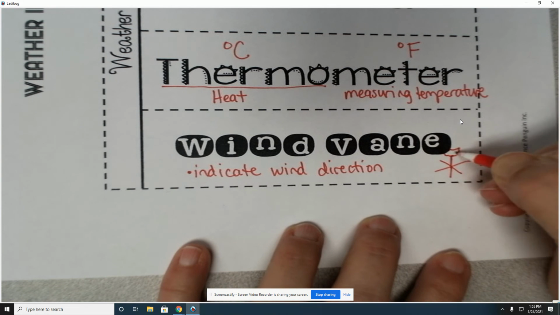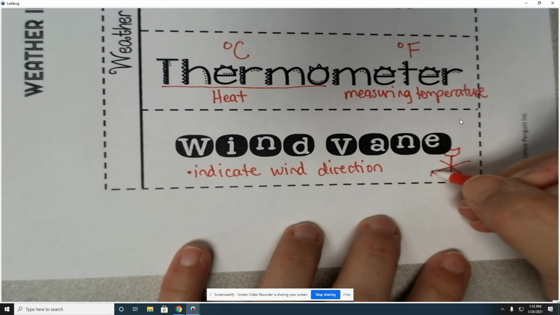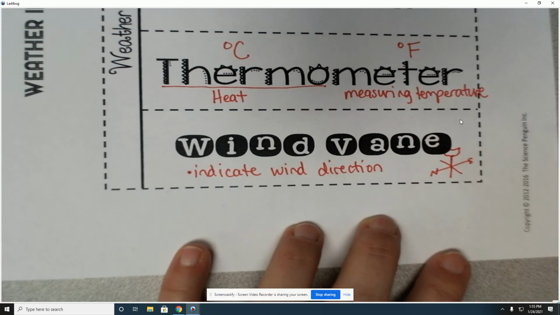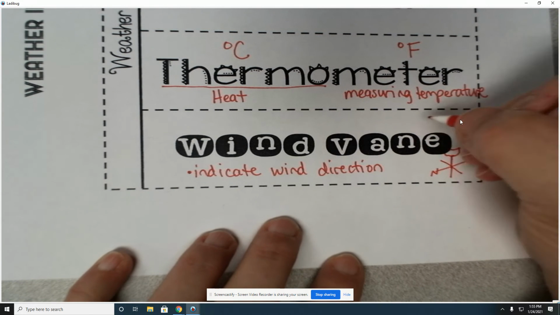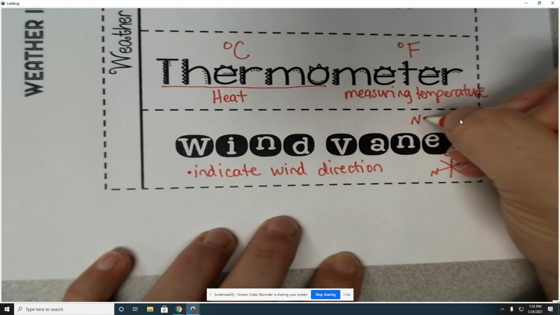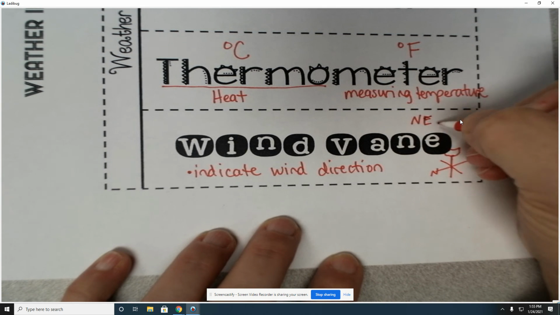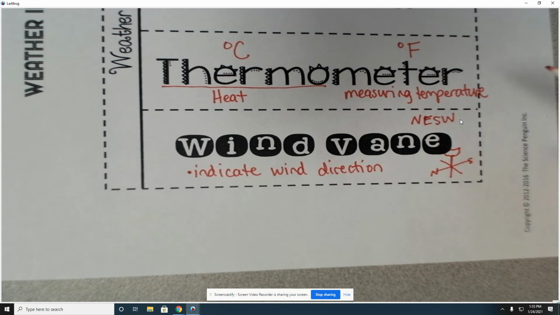I'm not going to try to draw a rooster. But what we have here are our cardinal directions, right? North, south, east, and west. Never eat soggy waffles. So north, east, south, and west, right? So never eat soggy waffles. That's how you remember that.